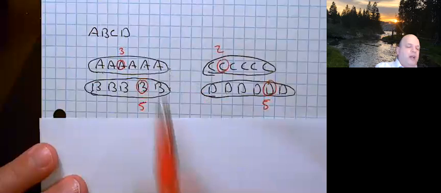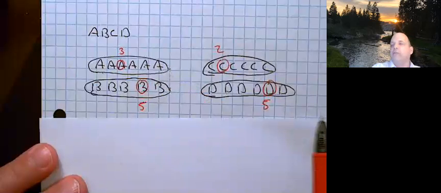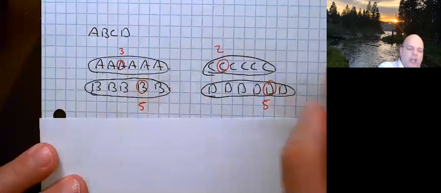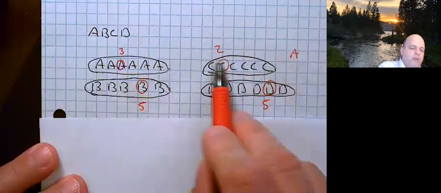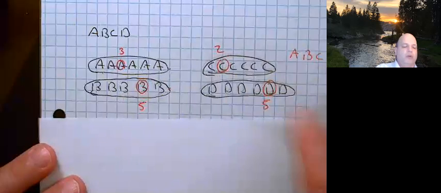So I have my strata, which I divided by a similar characteristic, which obviously is the letter here. Then I randomly selected. I randomly selected an A, and it happened to be the 3rd A. I randomly selected a B over here, a C, and a D, and I surveyed those.